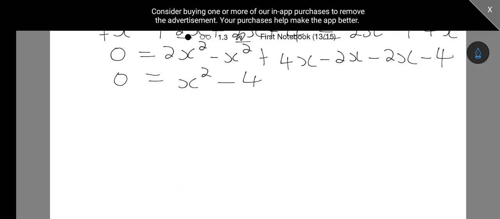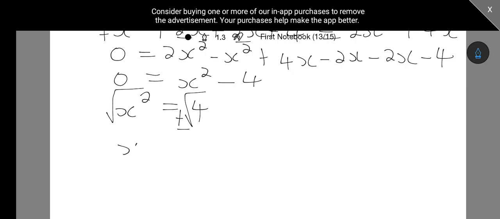Now, this is a difference of two squares. You can factorize it this way. Some prefer to take the 4 to the other side if you're not comfortable with the idea of factorization. So we can say that x squared is equal to positive 4. Then you take the square root on both sides. But if you're taking the square root, remember to say plus or minus on the side where you have the number.